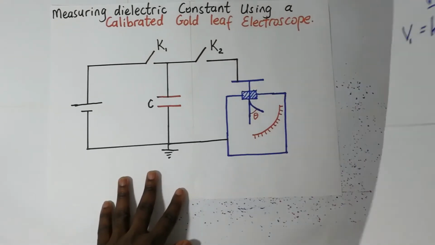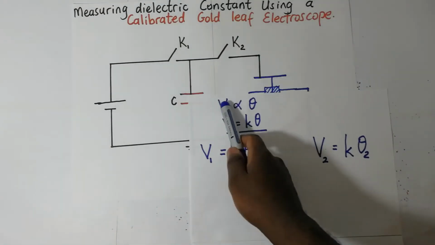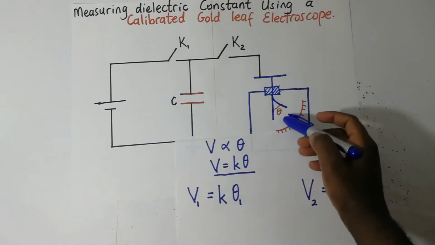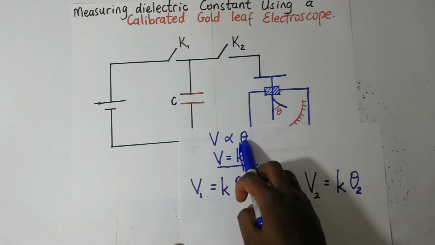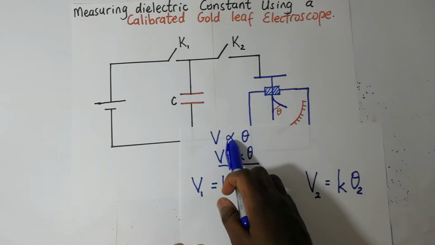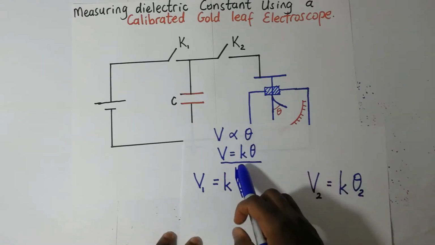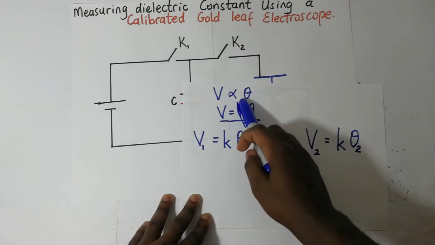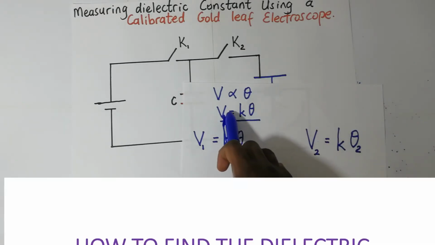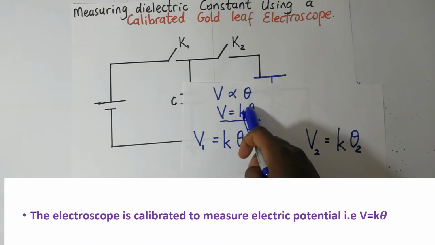So V is proportional to theta, and if we remove the proportionality sign, we end up with a constant of proportionality K. That's how we end up with V equals K theta.